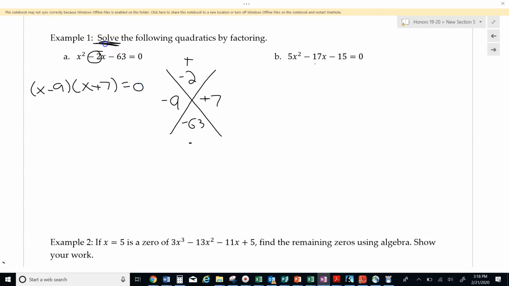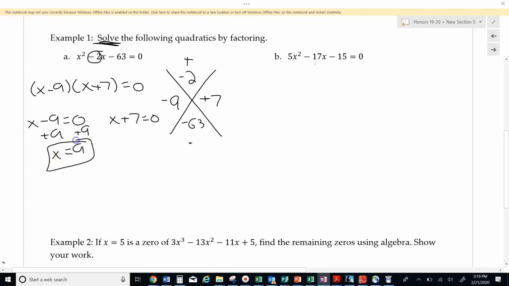And since I'm solving, I'm going to do x minus 9 equals 0 and x plus 7 equals 0. Add 9 to both sides, x equals 9. Subtract, x equals -7. Done, right? So this is just a quick review.